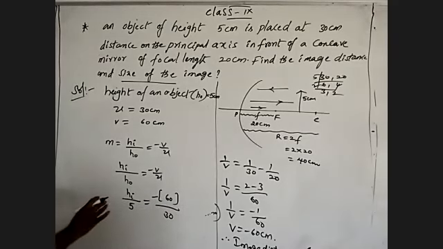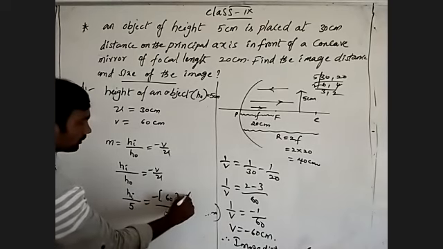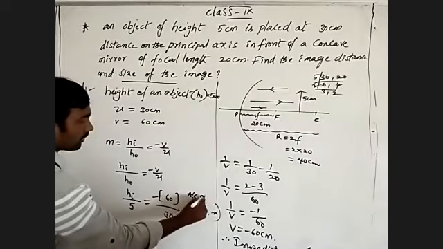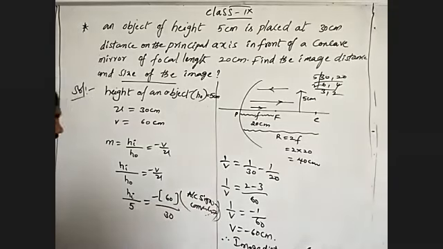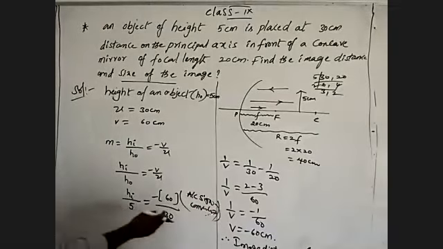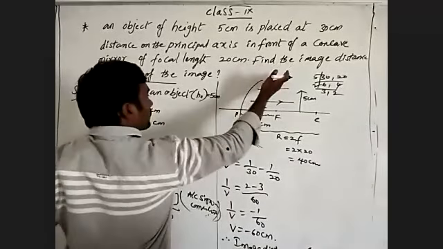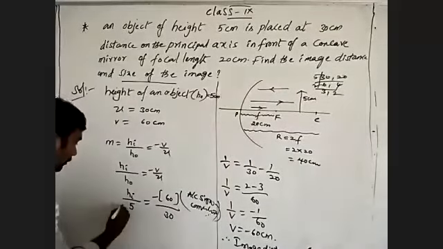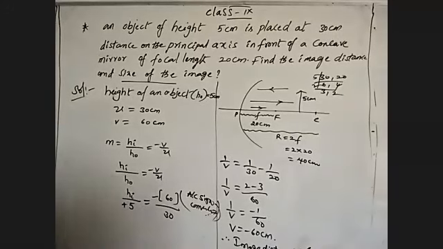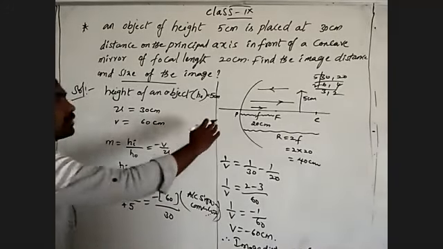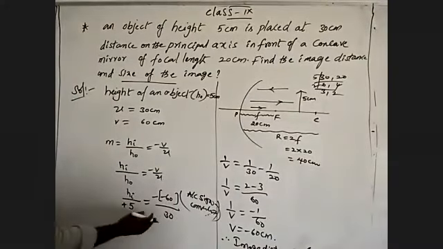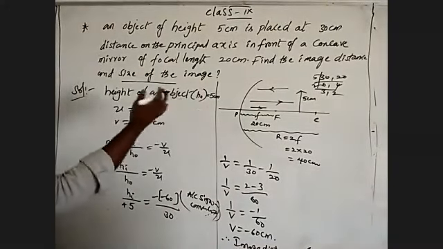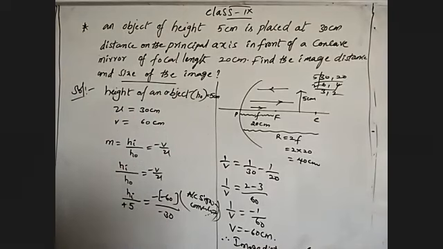Again we have to apply the sign convention. The height of the object is placed above the principal axis, so positive. The image is measured in the opposite direction, so we got minus. And the object distance is also measured opposite to the direction of the incident light ray, so minus.